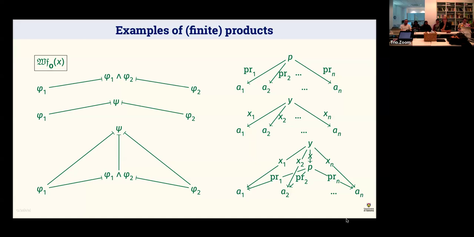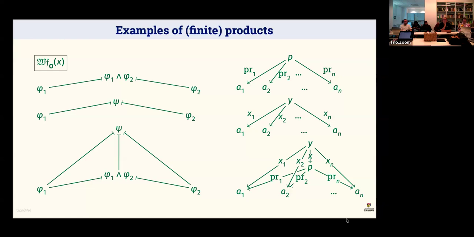And the condition, for given two formulas, the construction of a product diagram on those two formulas consists precisely of the conjunction of the two.